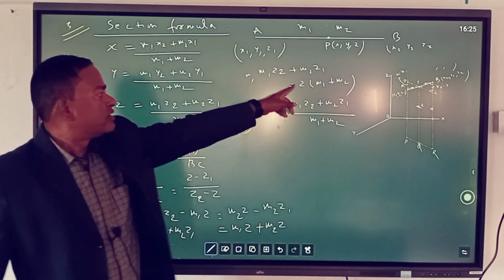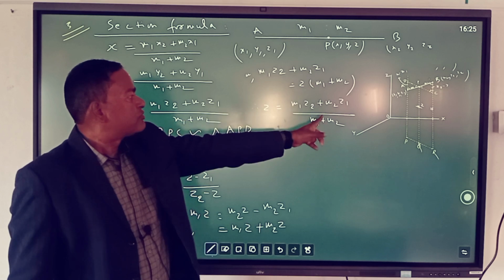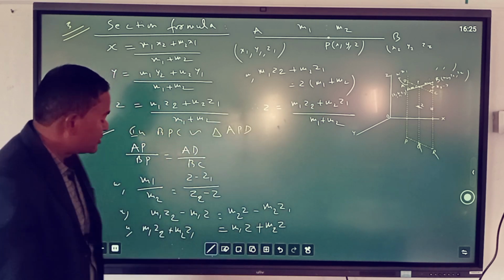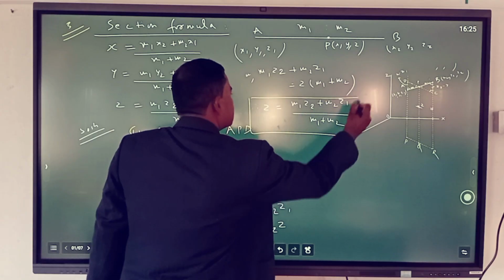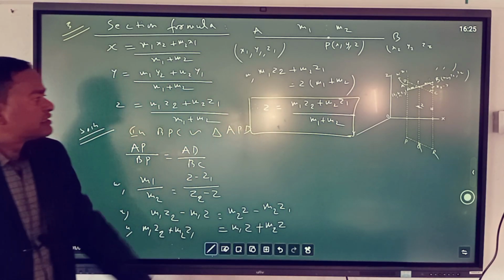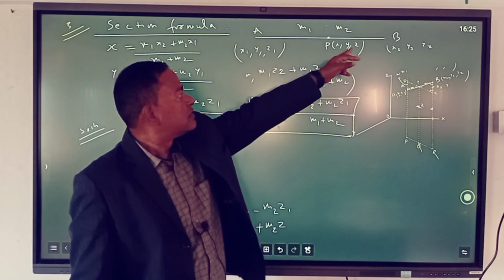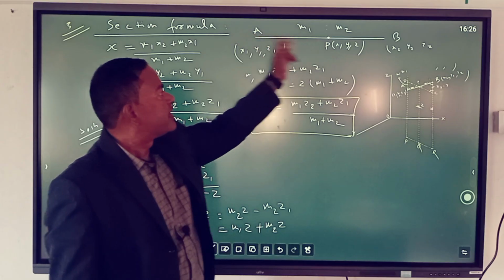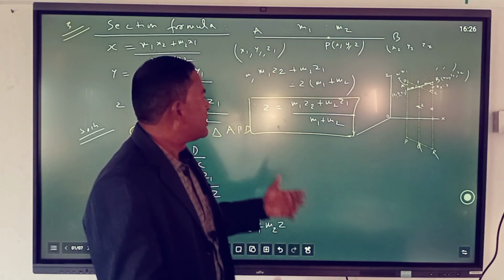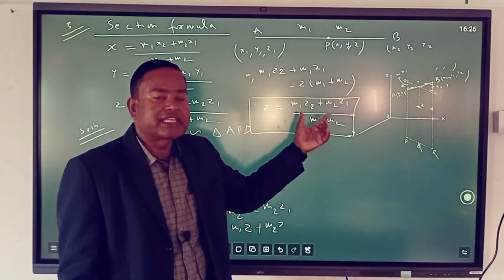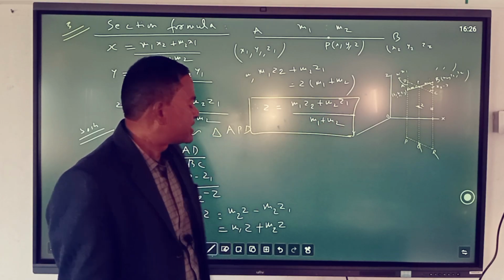The value of z will be equal to m₁z₂ plus m₂z₁ divided by m₁ plus m₂. So dear student, this is the z coordinate of the point P, which divides the join of AB in the ratio of m₁:m₂.